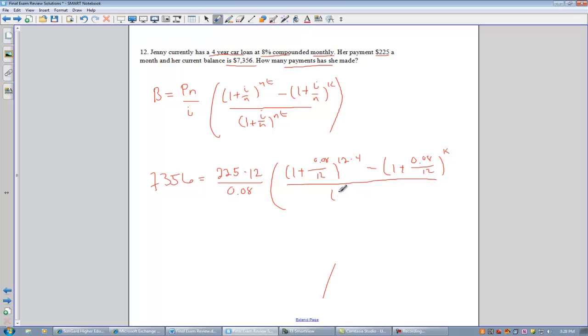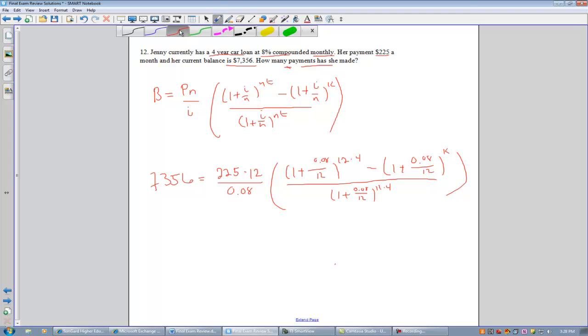And then all divided by 1 plus 0.08 divided by 12 to the 12 times 4 in parentheses. Okay. Now I have to solve this equation.